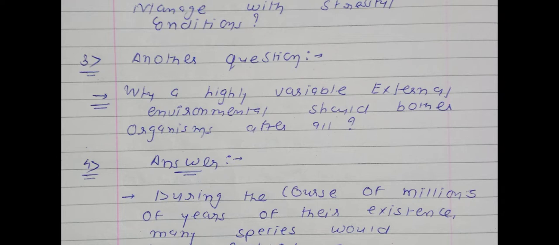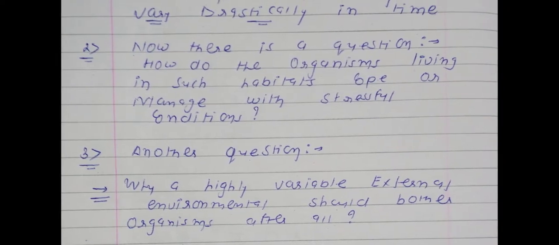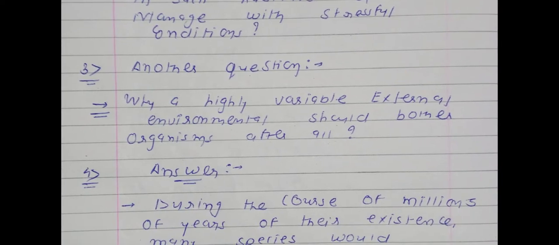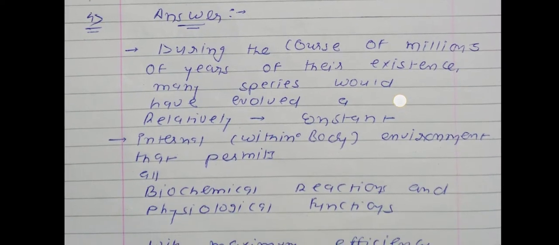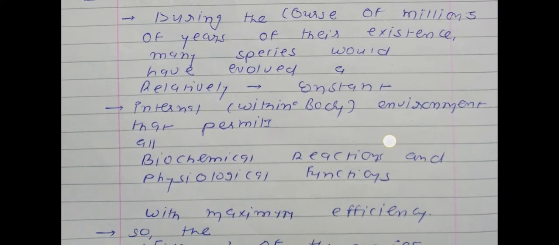So we can say that because of the changes found in the external environment, organisms will change their behavior. Okay, so two questions are there. First question is about the different types of habitat and stressful conditions, and second question is about the external environment.